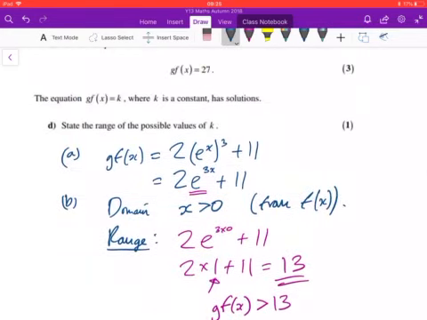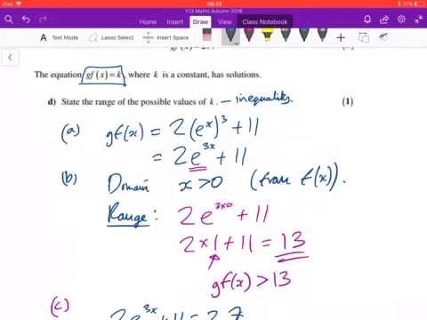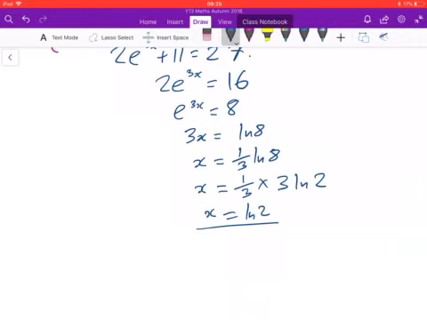Part D. So we've now got this equation here. It's saying state the range of possible values. So this means the answer to this one is going to be some kind of inequality. So let's set this up.